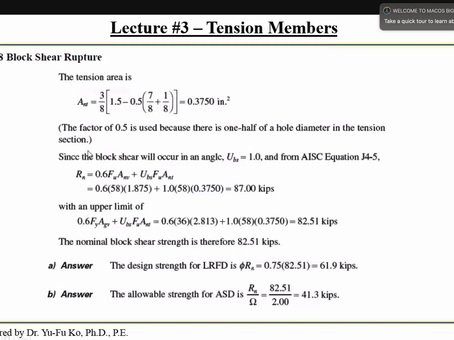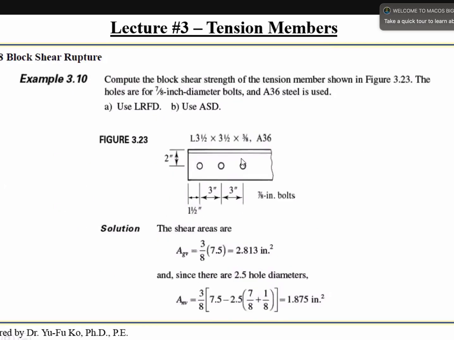Now for net tension area, the same thing applies. The distance from here to here, to the center of the bolts, is 1.5, because the total from here to here is 3.5. So minus 2 is 1.5.